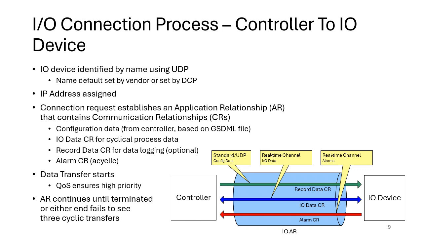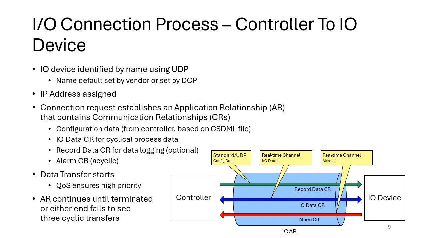Anyway, your I/O device is identified by name, and the name actually uses the UDP channel, so that's User Datagram Protocol, rather than TCP, which is the Transmission Control Protocol. So UDP is used to transfer the name, and that's done using configuration data, and there's a record data communication relationship.